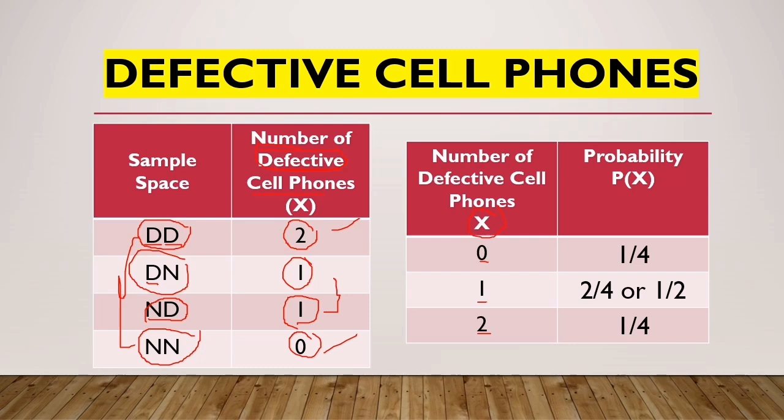So we will try to get the probability of X, the probability of our random variable. What is the probability that the number of defective cell phones is 0?